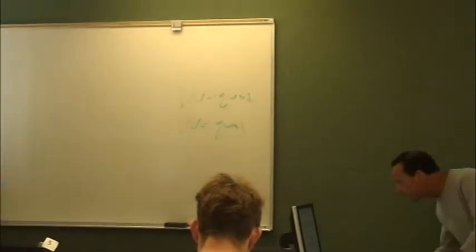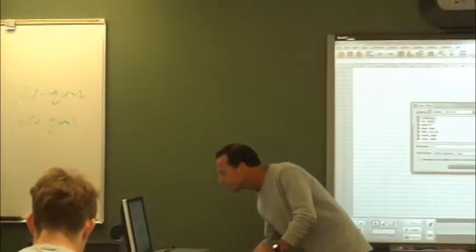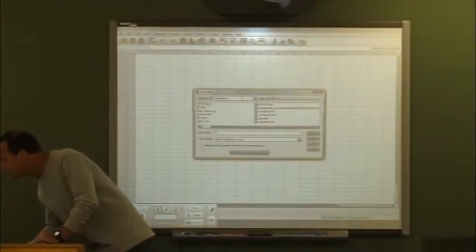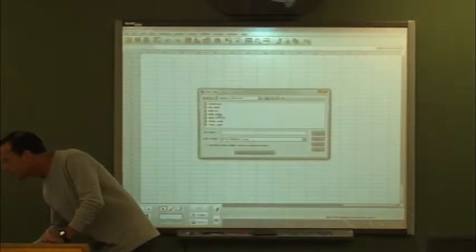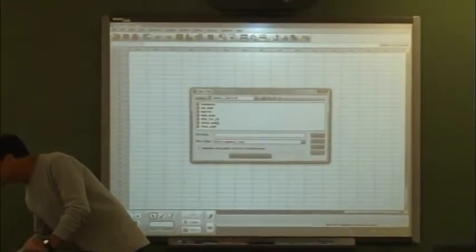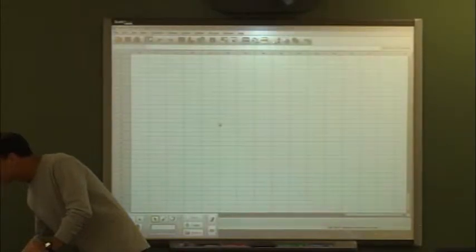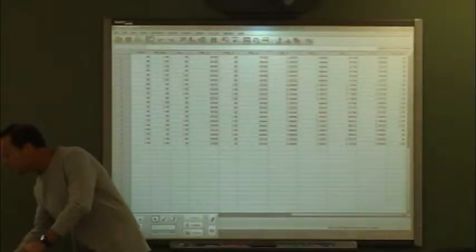So let me go ahead and open up one of the files here. File, open, data. I do have a file set up for logistic regression.